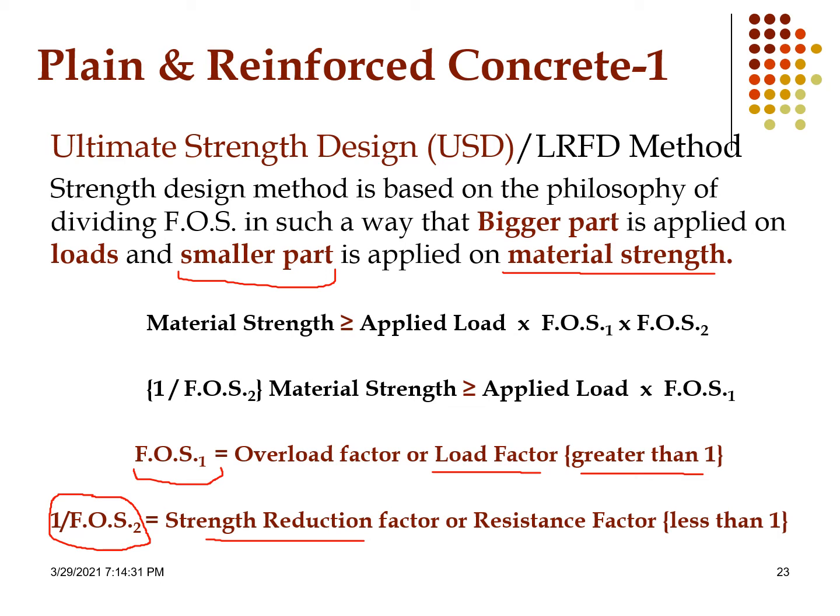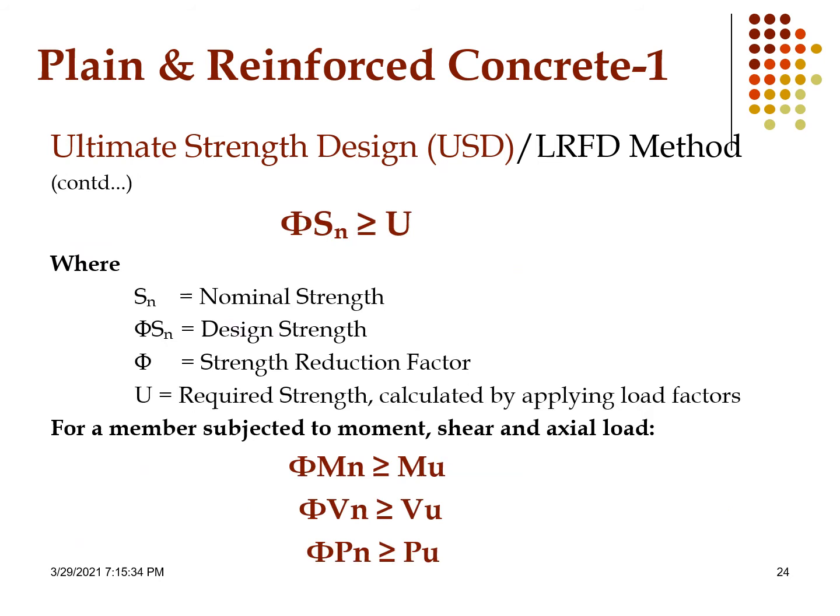This is the philosophy of the ultimate strength design method. So phi Sn needs to be greater than or equal to capital U. Phi is again the strength reduction factor, Sn is nominal strength, and combined together phi Sn is the design strength, and capital U is the required strength.